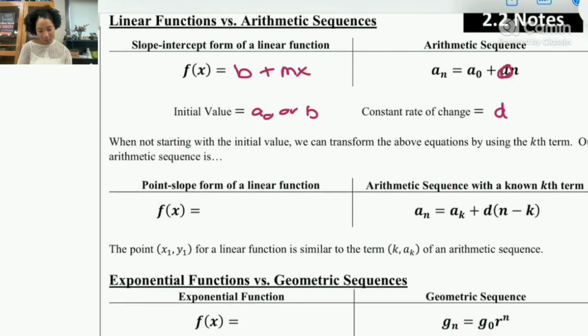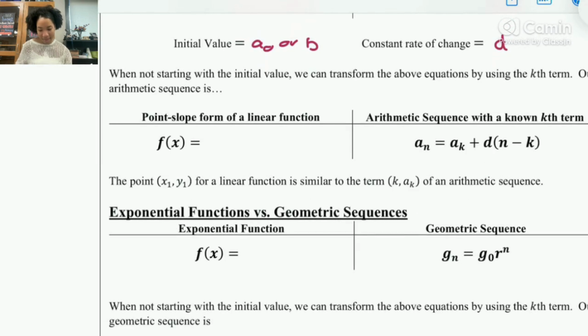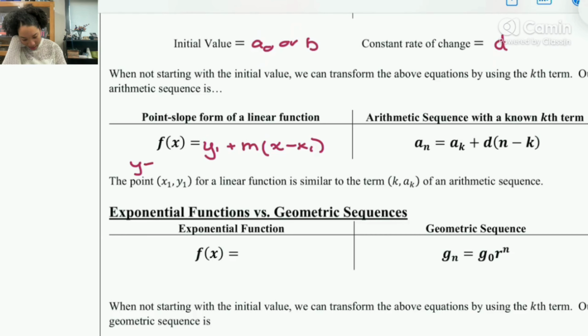So for point slope form, the normal equation is y1 plus m times x minus x1, or y minus y1 is equal to m times x minus x1.